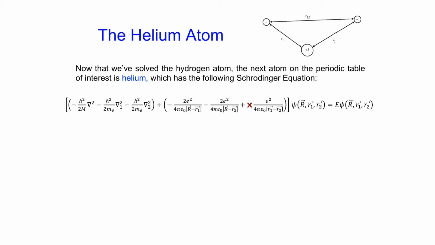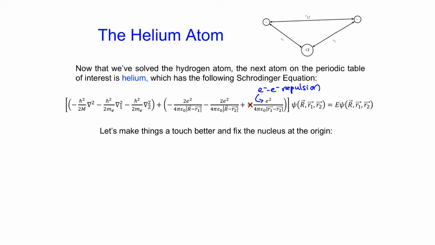Which is bad. Remember, high energy bad, low energy good, as far as chemists are concerned. That's because we've got two negative charges interacting with one another, and they're going to repel each other. That's our electron-electron repulsion term, and that is what that represents.